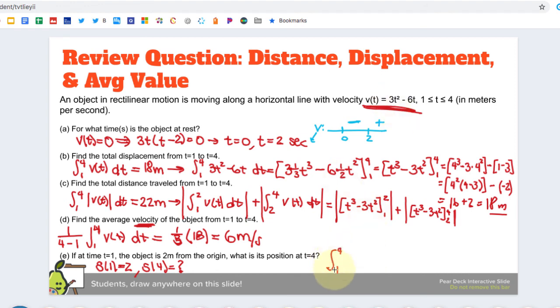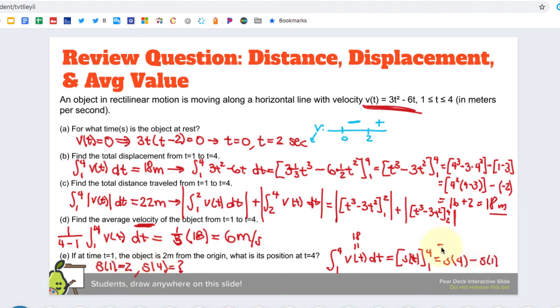And so the integral from 1 to 4 of v of t dt, well, yes, I know we've done this now, this is the 3rd time. We know that this is 18, but what does it represent? The antiderivative of v is s of t, isn't it? From 1 to 4. Isn't that s of 4 minus s of 1? And didn't they tell us that s of 1 is 2?